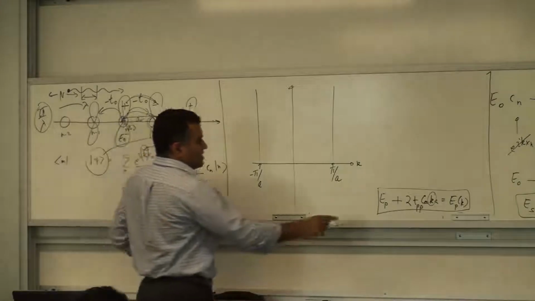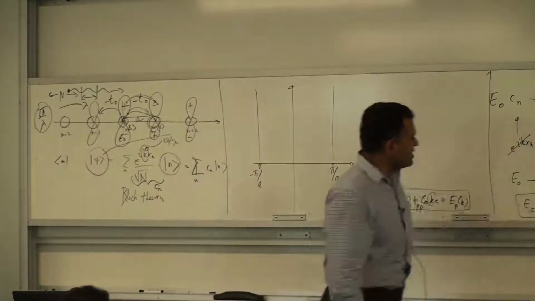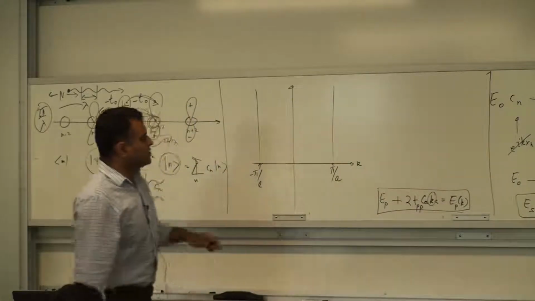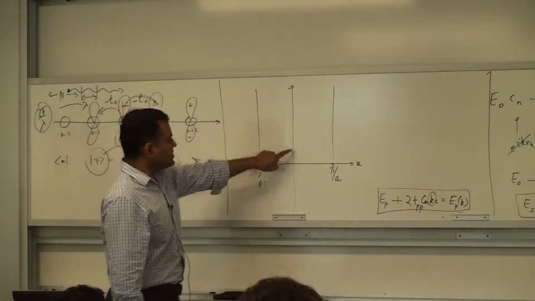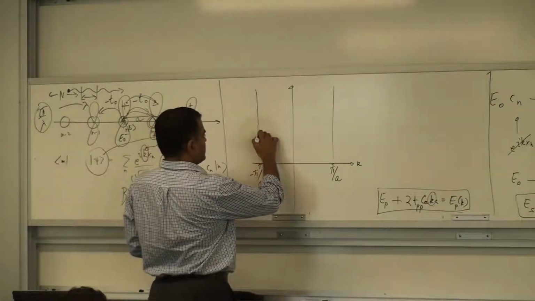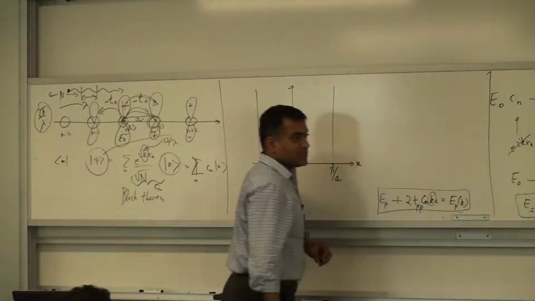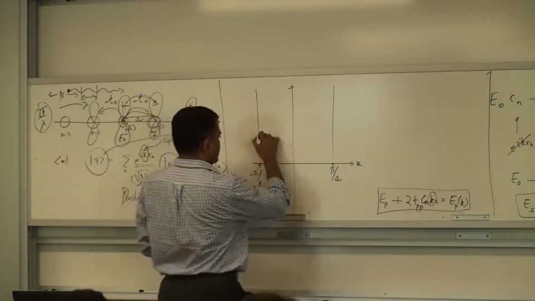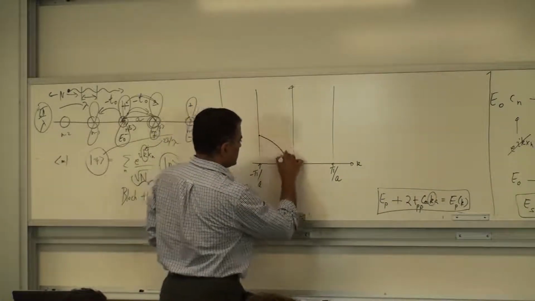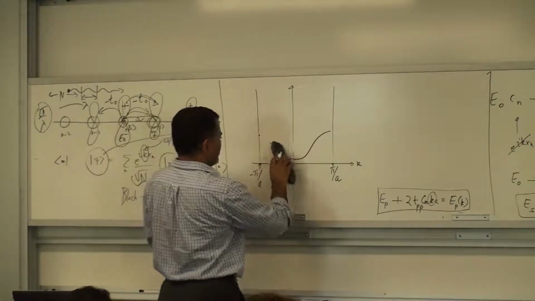If I were to plot these, cosine at 0 is 1, so you get E0 minus this. It reaches a minimum, this function reaches a minimum, and that function reaches a maximum. Actually, let me do it this way.